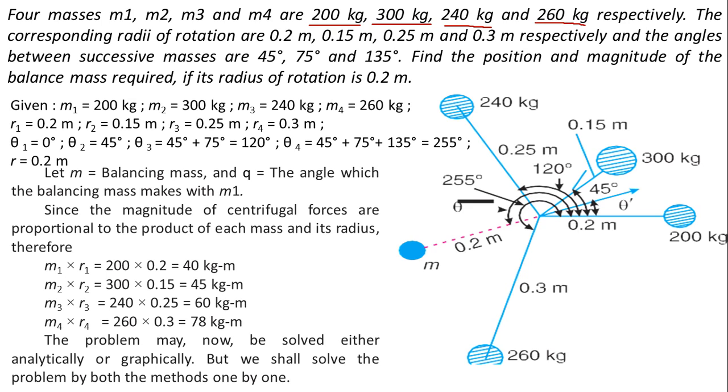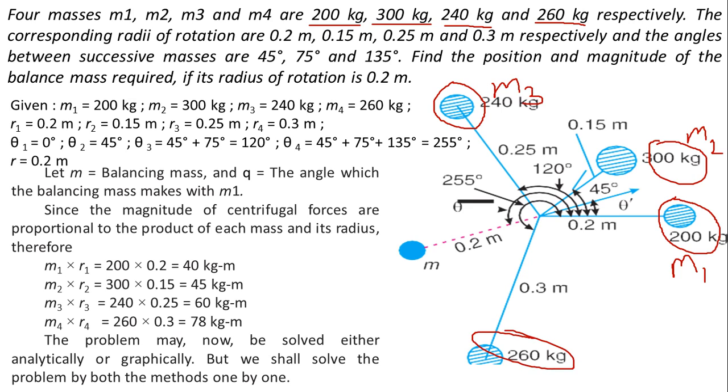So this is the first mass, m1, 200 kg, then second one, this is m2, then this one, this is M3 240, and then 260, this is M4.